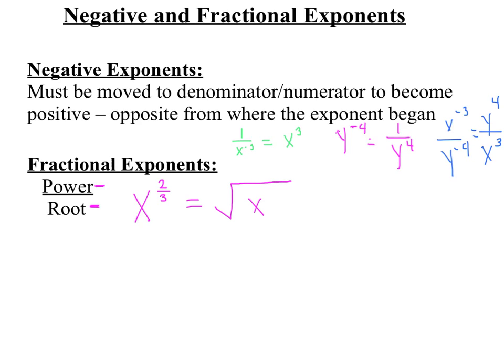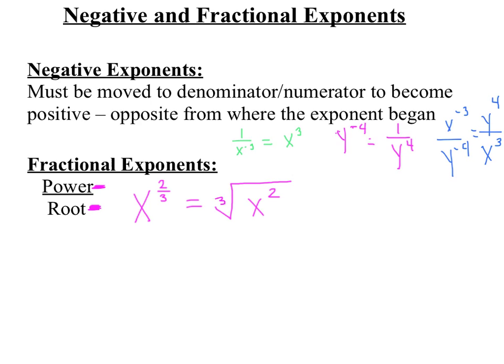So x to the second, since 2 is my power, so that's my exponent. Power is an exponent. And then over 3 would be my root number. And then the root number goes inside the root symbol. So power over root. Power over root. Something that you need to remember.